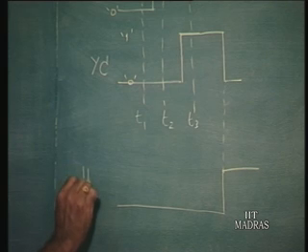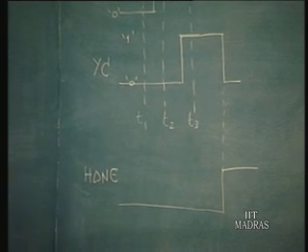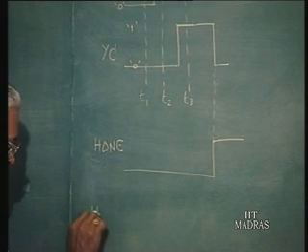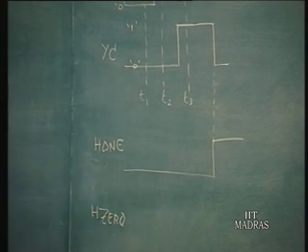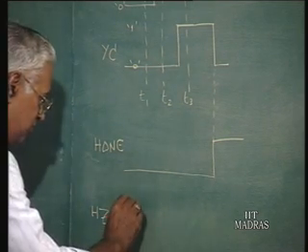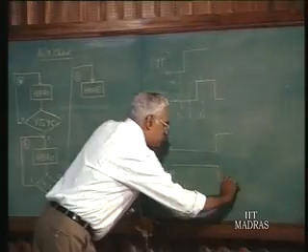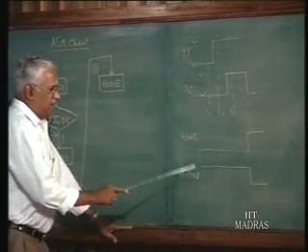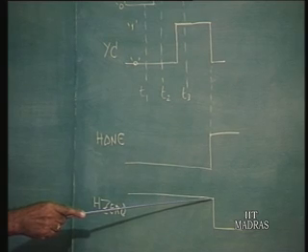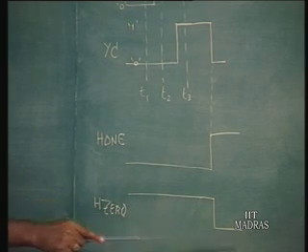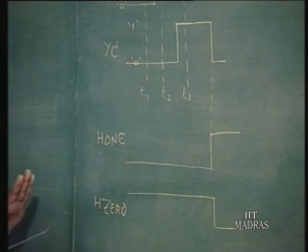Suppose I have another waveform for indicating H0 and H1, it will look somewhat like this. Until this time H0 was generated, at this instant H0 goes and H1 is generated, that is what it means.